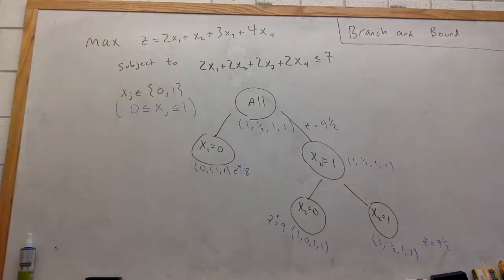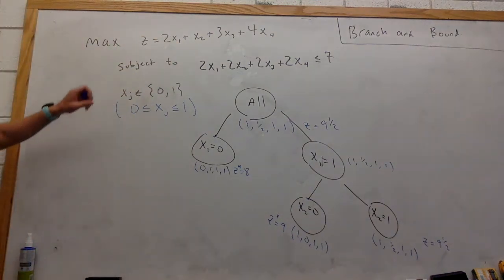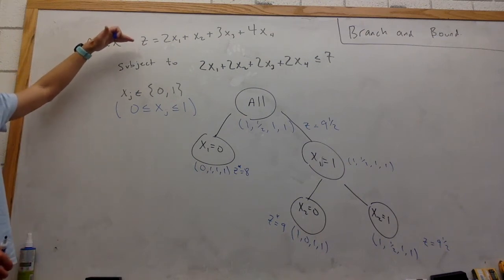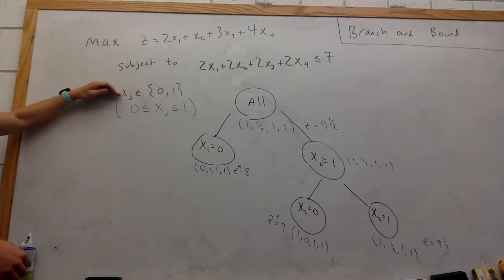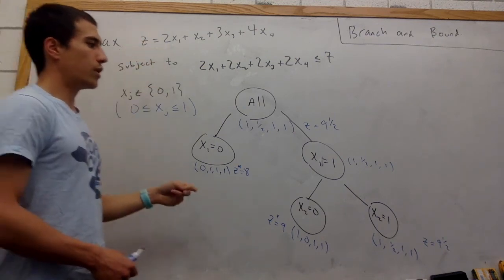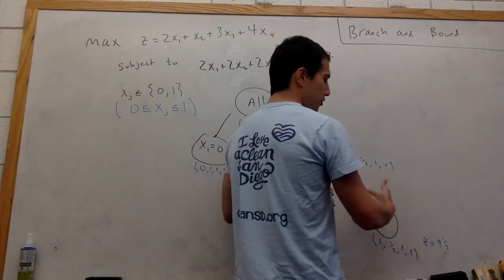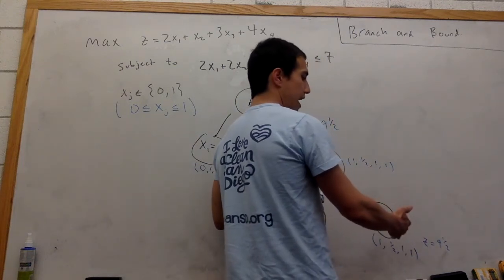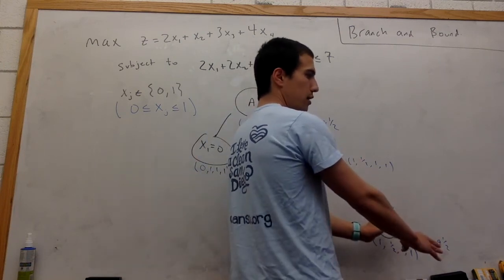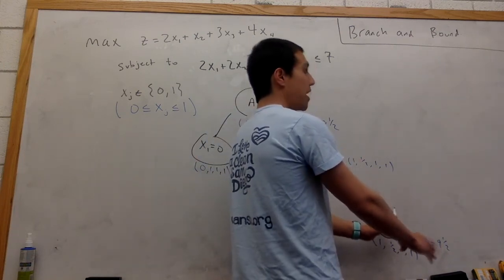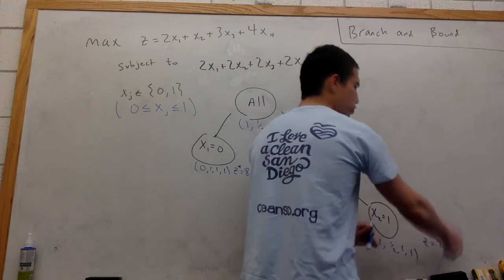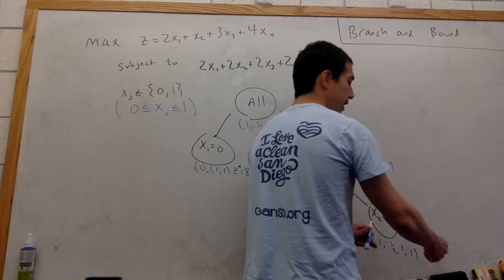But we know that the value of my objective function in the end is going to be an integer, because my variables are 0, 1 variables and all of these coefficients are integers. So the maximal value of the LP relaxation here is 9.5, and this means that if I follow down this side of the tree, the best possible solution I can get is 9, the floor of this, because it can be at most 9.5 but it has to be an integer.